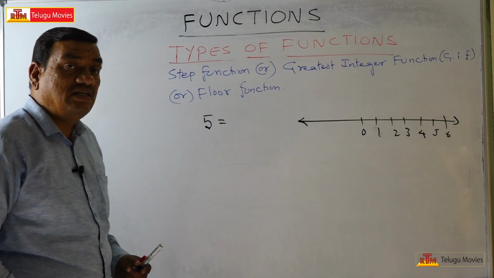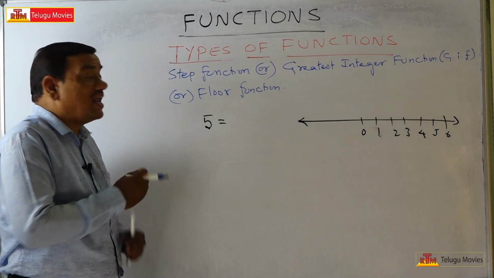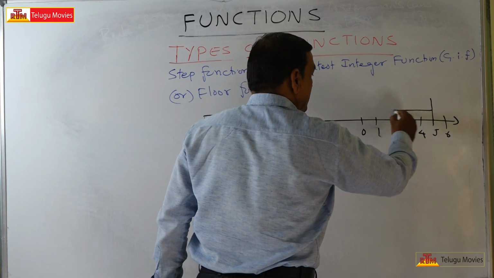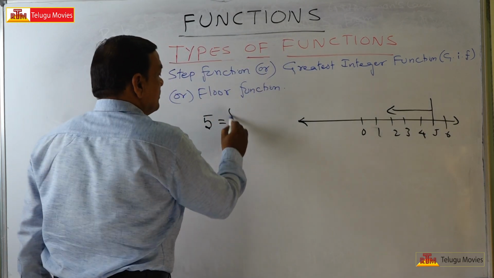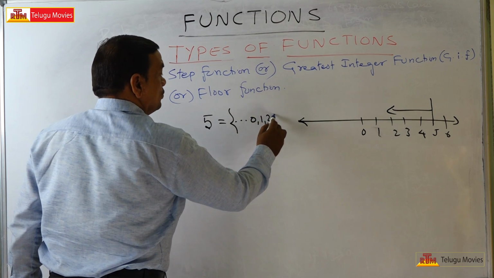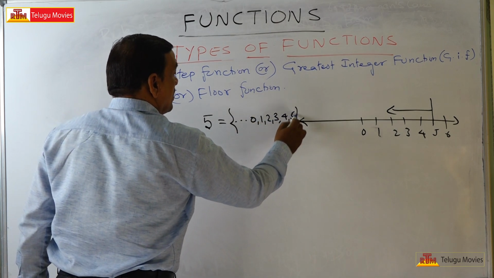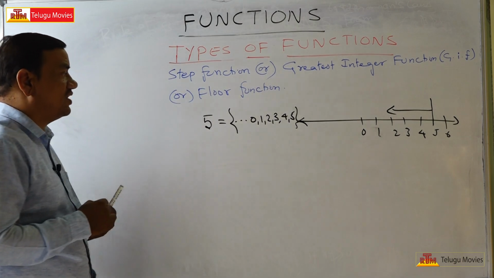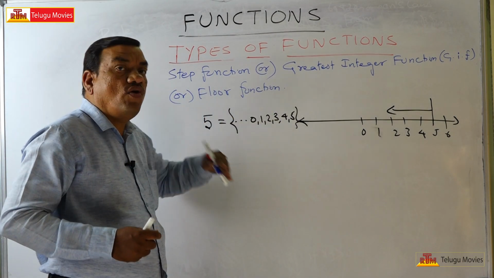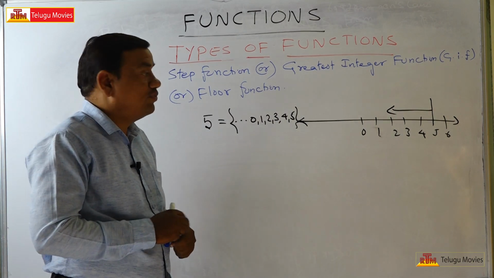Which integers are less than or equal to 5? You get so on, 0, 1, 2, 3, 4, 5, up to 5.